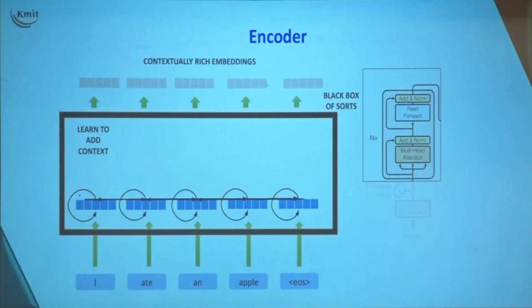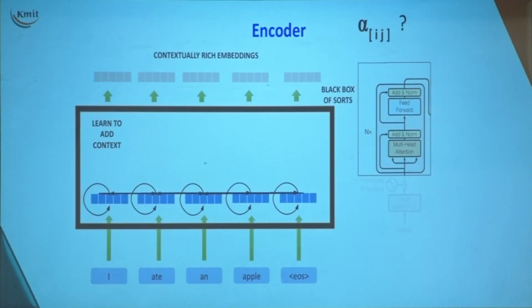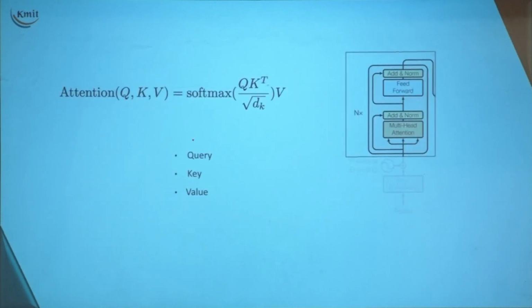I am processing one input and comparing it with itself, and also processing the input in layers such that learning and adding to the context will happen. What would be the output of the encoder block? Contextually rich embeddings. So what am I doing in the attention block?